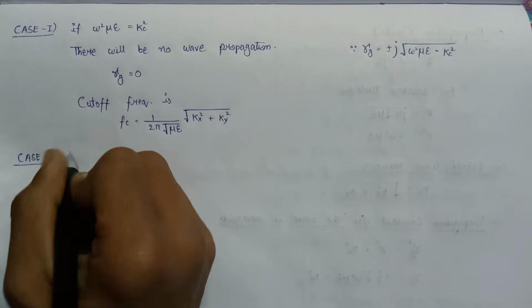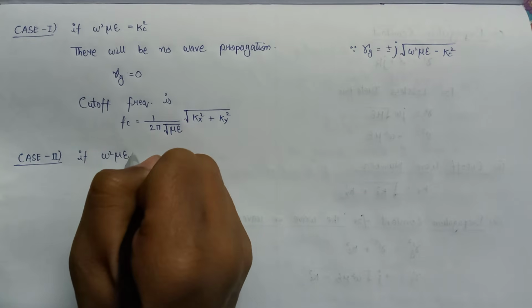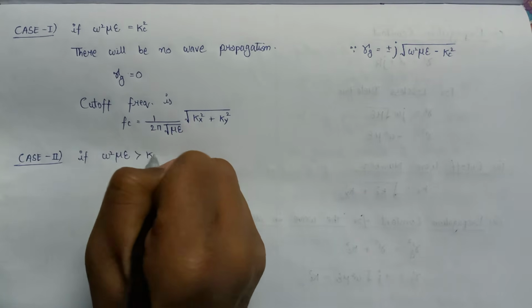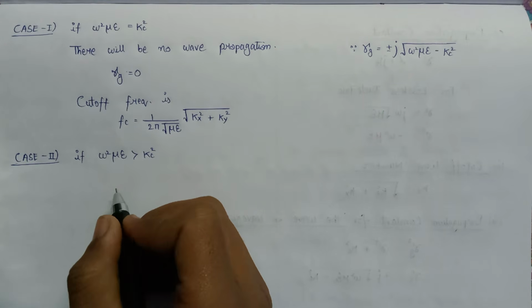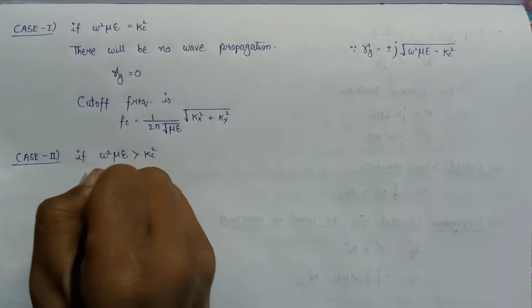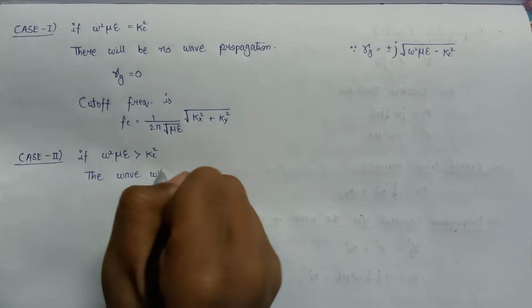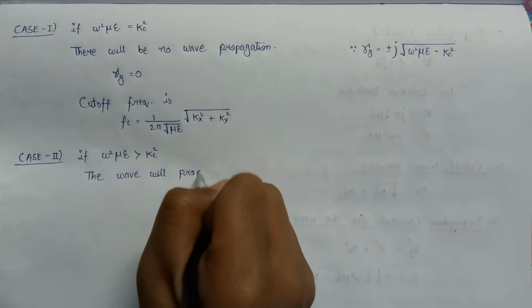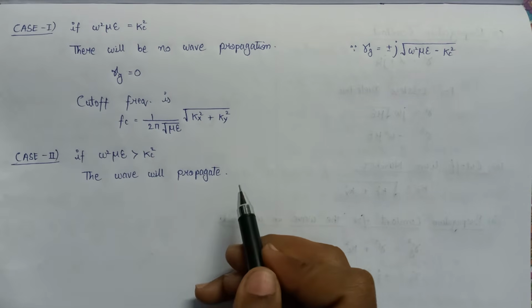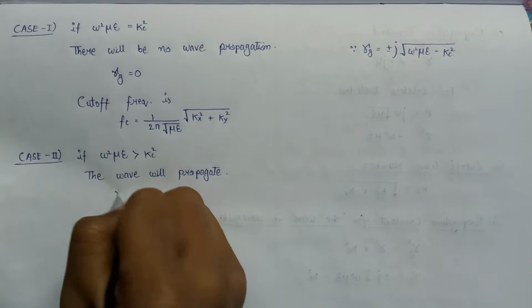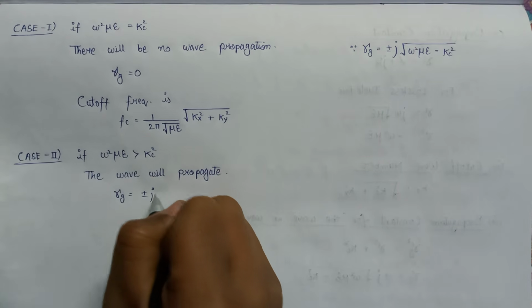According to case 2, if the value of omega square mu epsilon is greater than the value of kc square, then we can say that the wave will propagate in the waveguide. Since the wave is propagating inside the waveguide, we get the value of gamma g equal to plus minus j beta g.